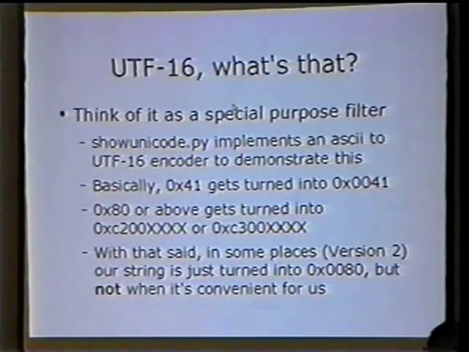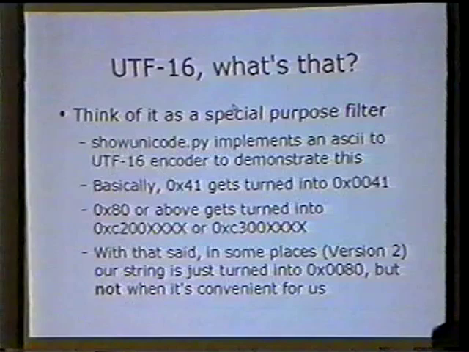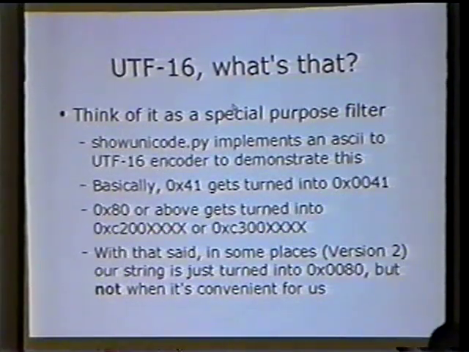So UTF-16 or Unicode or any of that stuff, for those of you who aren't brutally familiar with it, basically, it's a very simple function in Windows, and you get 0x41, or any kind of small number, and it's going to get turned into a 0041.